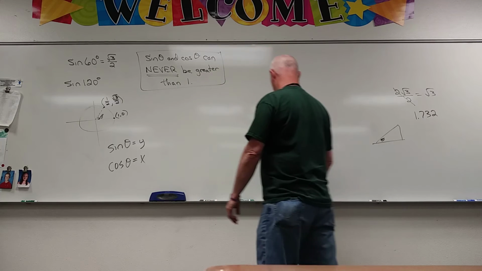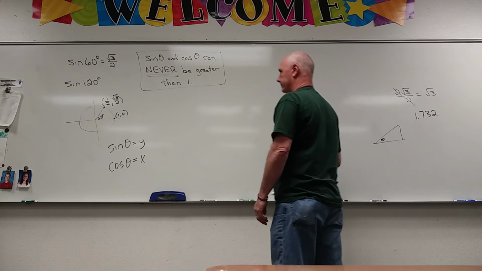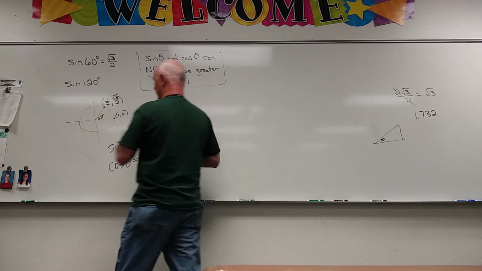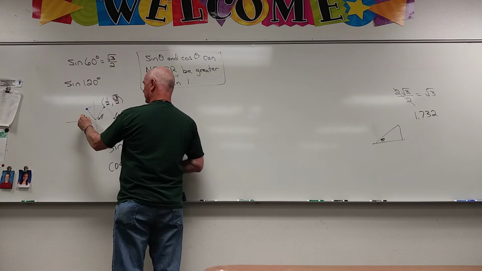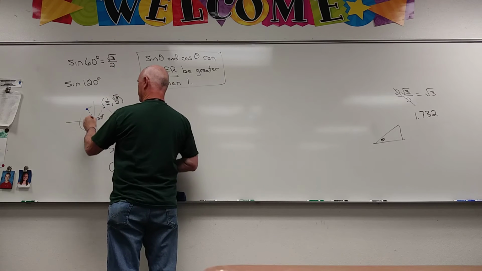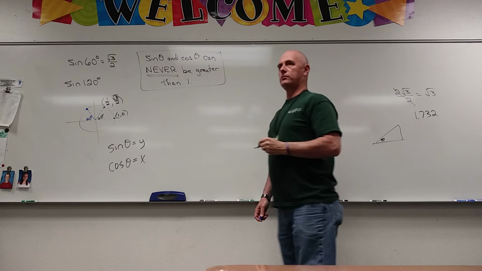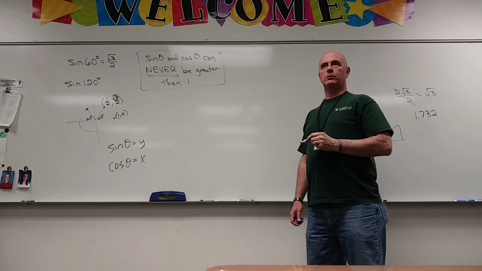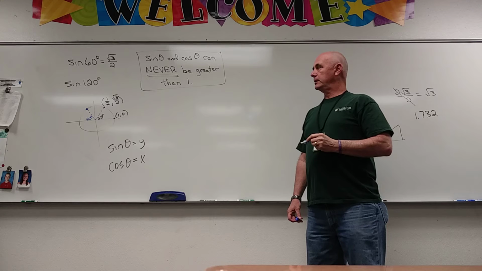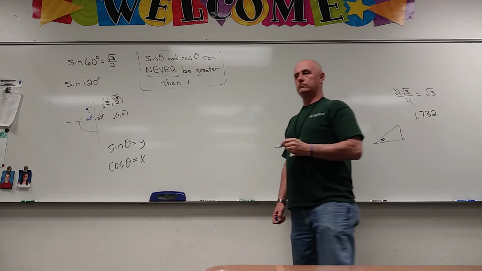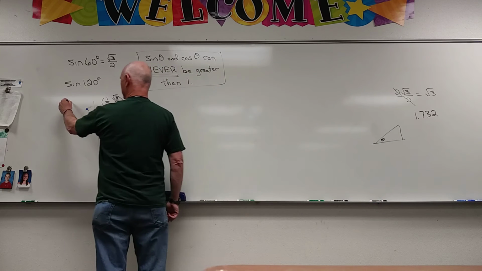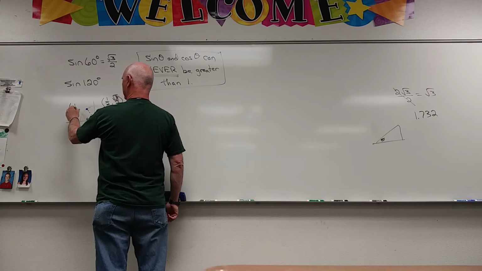All right. Let's say that angle right there is 60 degrees, the blue angle. If that is true, what are the coordinates of the blue point? Negative 1/2, root 3 over 2.